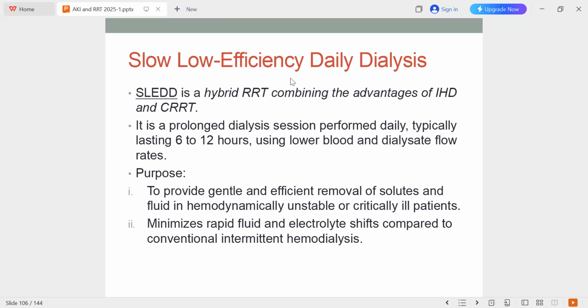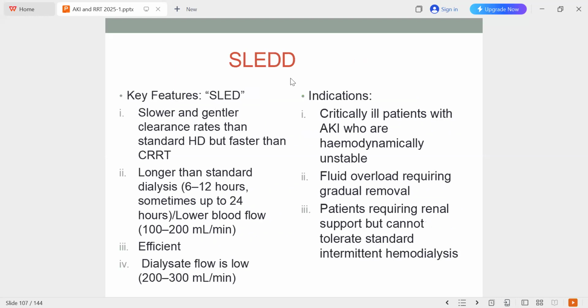The purpose of using SLED is the provision of gentle and efficient removal of solutes and fluid in patients who are hemodynamically unstable, especially patients in the ICU. It also minimizes rapid fluid and electrolyte shifts compared to conventional intermittent hemodialysis. For you to remember SLED, just remember the mnemonic SLED.